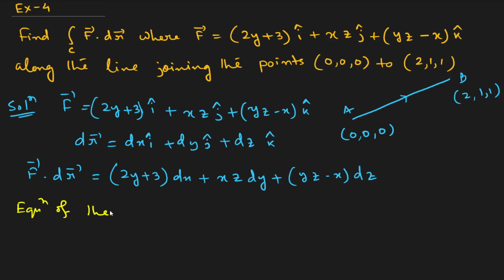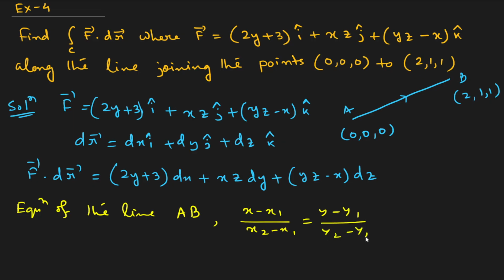Equation of the line AB. So coordinate of A is what? 0, 0, 0 and coordinate of B is 2, 1, 1. So what is the equation of a line passing through 2 points? It's (x minus x1) by (x2 minus x1), (y minus y1) by (y2 minus y1), and then what? (z minus z1) divided by (z2 minus z1).